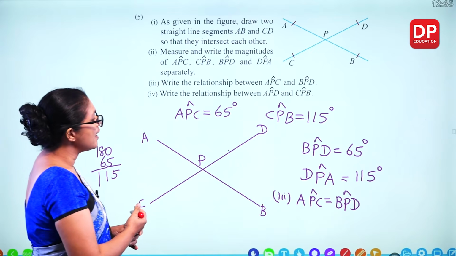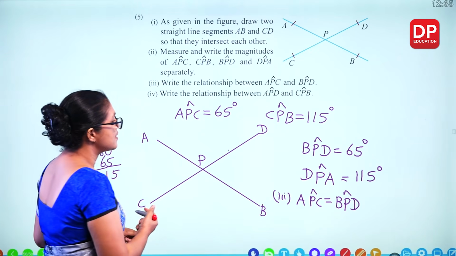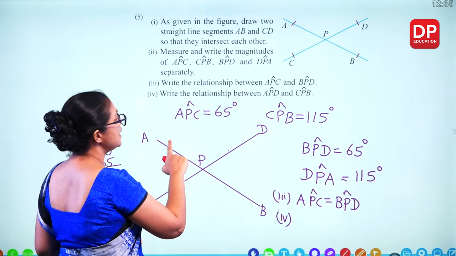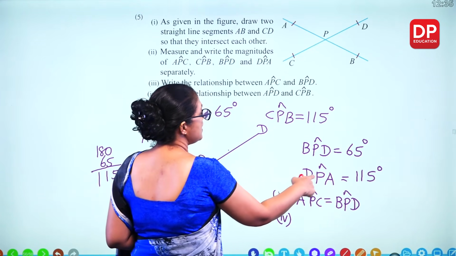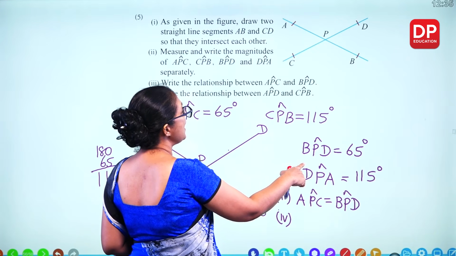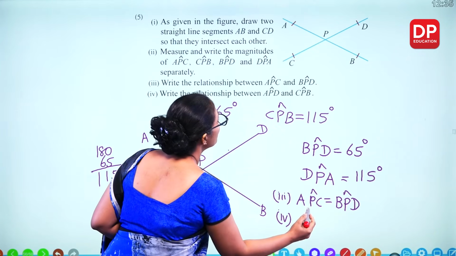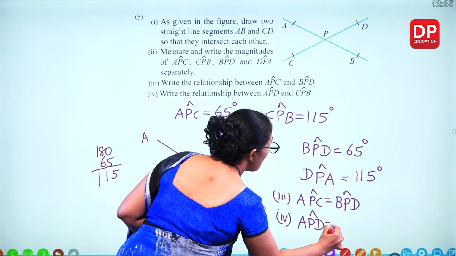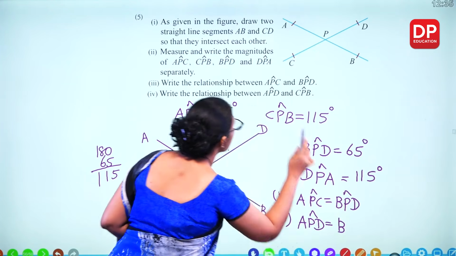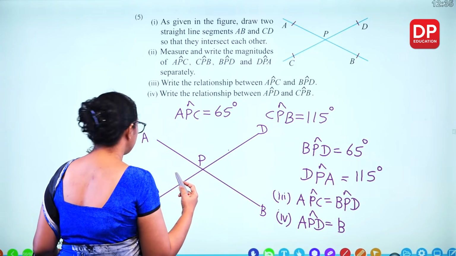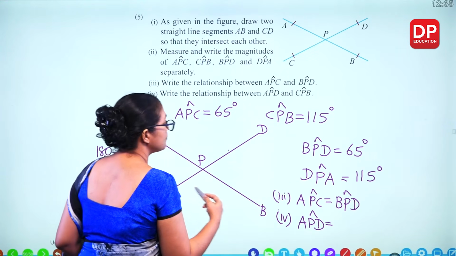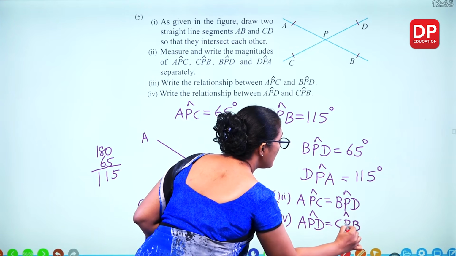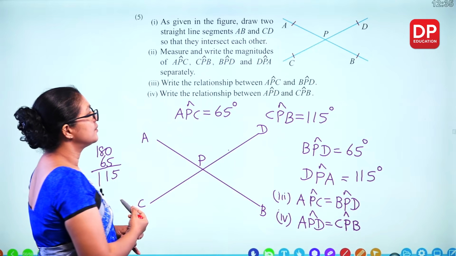Vertically opposite angles are equal. Then what's the relationship between APD? APD is 115. CPB is 115. Both are equal. APD and CPB angles are equal.